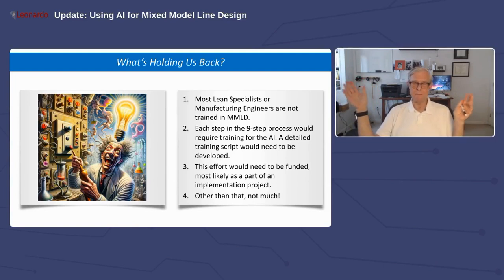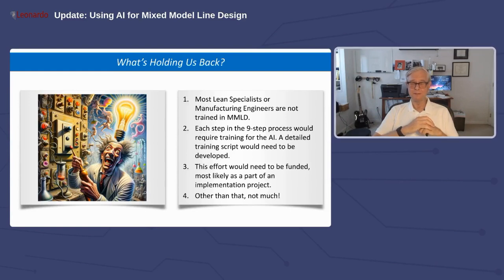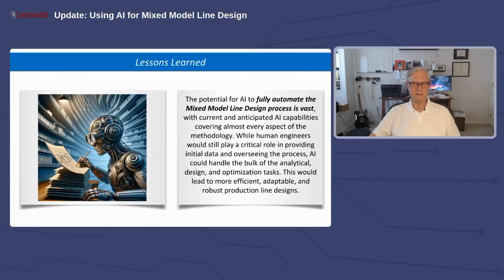You spend your own money basically, or venture capital money or whatever, and you develop this process. So that's a possibility. But other than that, number 4, I'm saying not much. There isn't too much today that would stop us from doing this. And every month that goes by, it becomes more and more powerful, right? As AI gets more and more capable. So I can see this as something to happen.